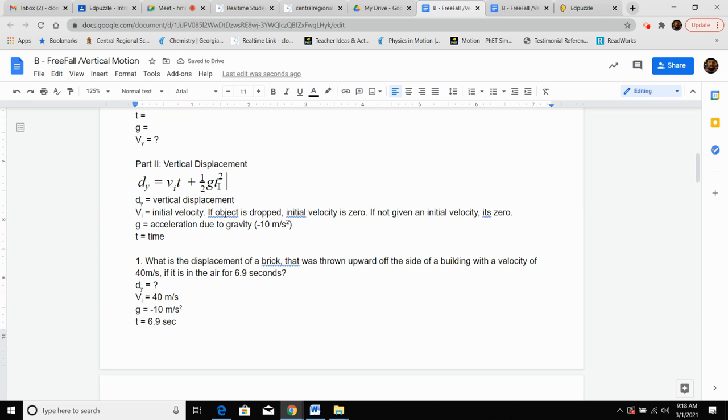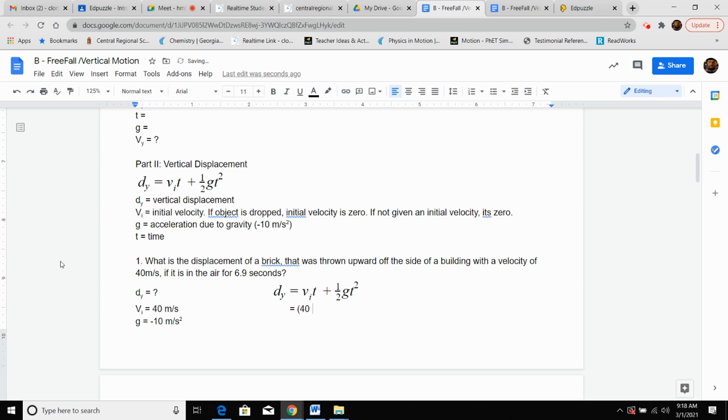So, given this equation, we're going to just start to type everybody in underneath what we have. So vi was 40.